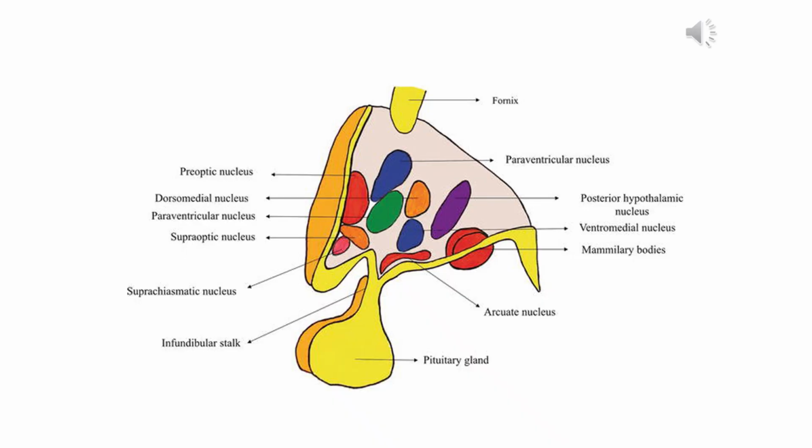If we were talking about the peripheral nervous system, congregations of nerve cell bodies there are called ganglia. You can see in this illustration that the hypothalamus is chock full of these nuclei. Many of them are directly involved in endocrine functions.